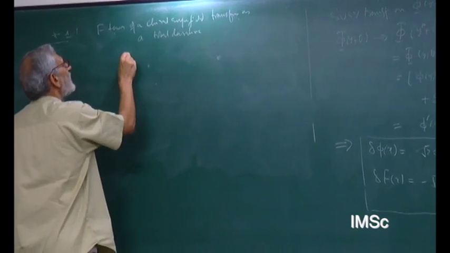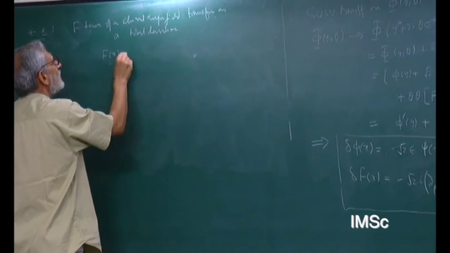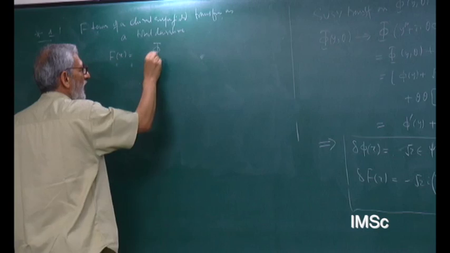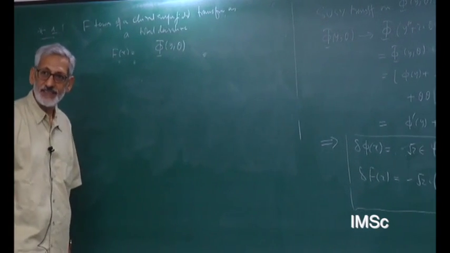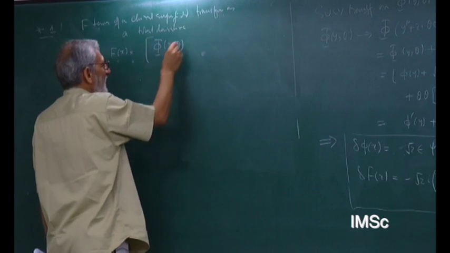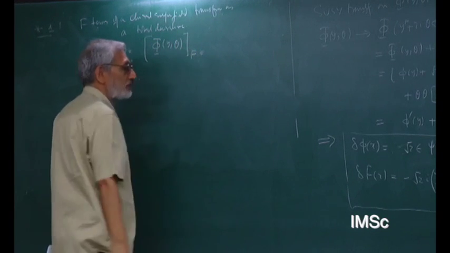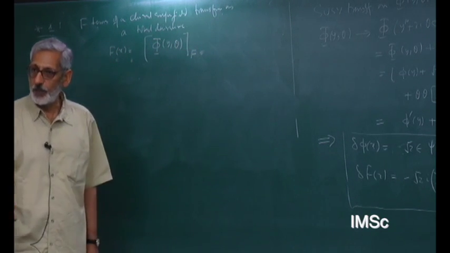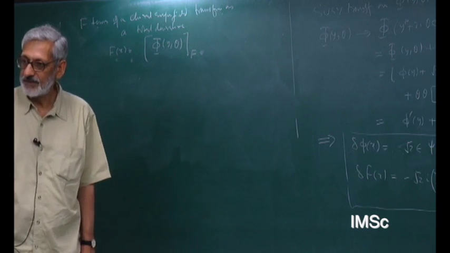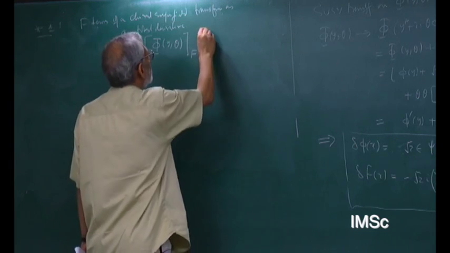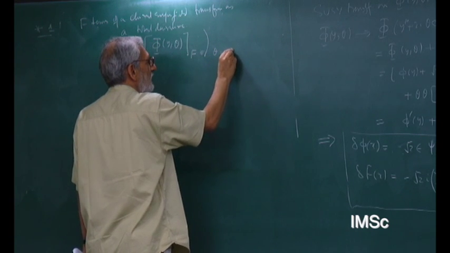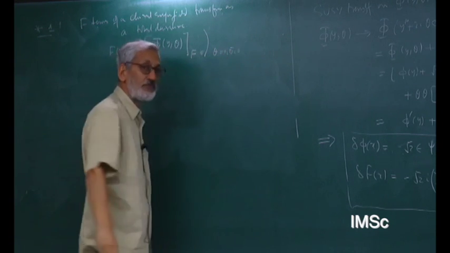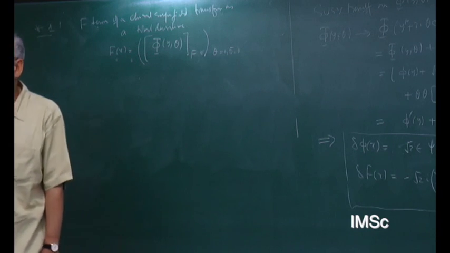So what is the F term of a chiral superfield? Take the chiral superfield, it's a function of y and theta, and take the F term, which is to take the theta squared component of the superfield, and after that put theta equal to 0 and theta bar equal to 0. What will that do?